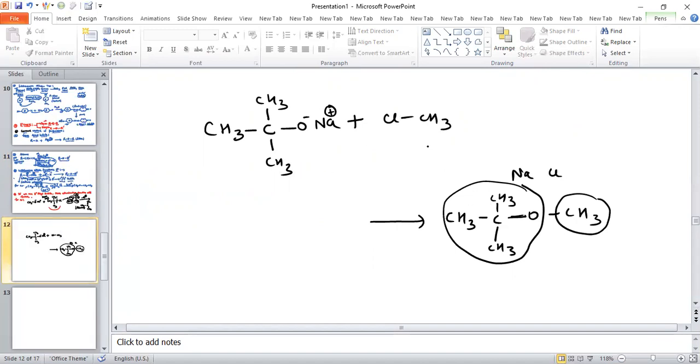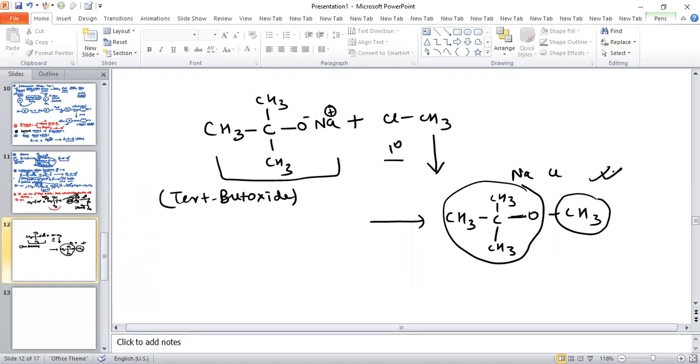In this way we can prepare this compound. The reactants are tertiary butoxide and a 1 degree alkyl halide. But we cannot use a 3 degree alkyl halide.